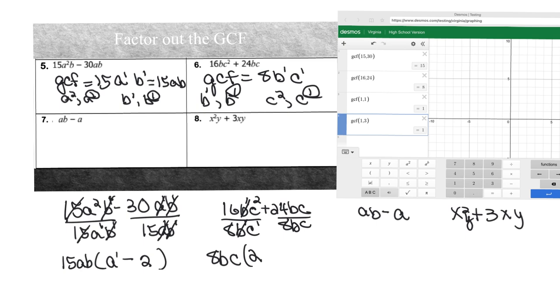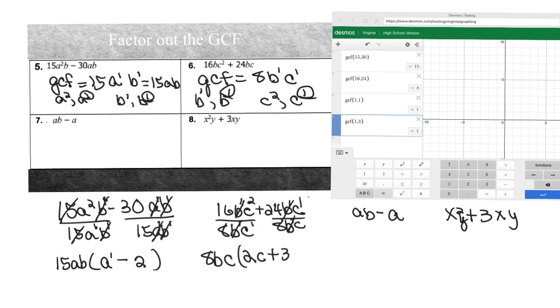So 2 minus 1 would give me c to the first power. Plus 24 divided by 8 is 3. B to the first on top and on the bottom cancels. C on top, c on the bottom cancels. So my answer is 8bc times (2c plus 3).